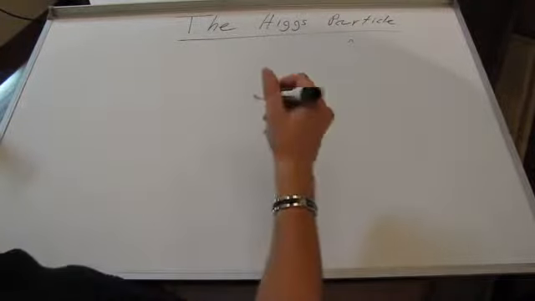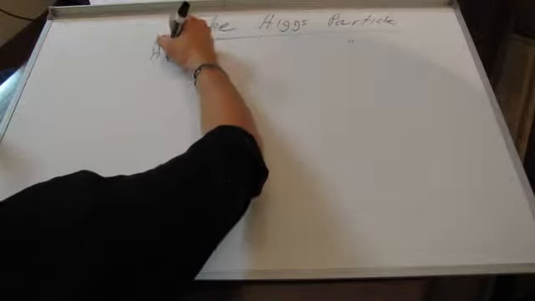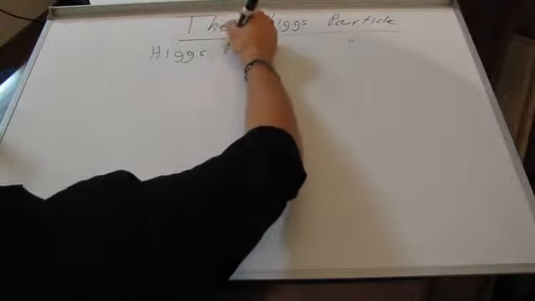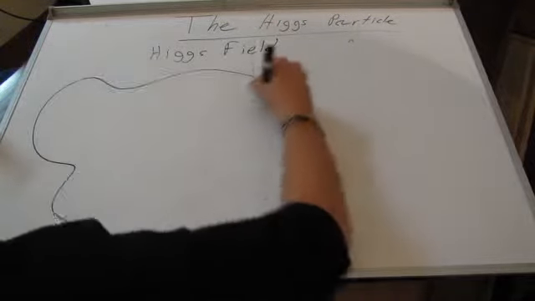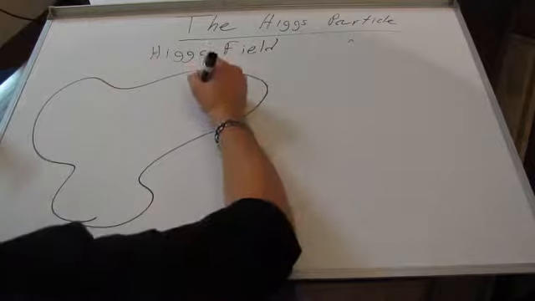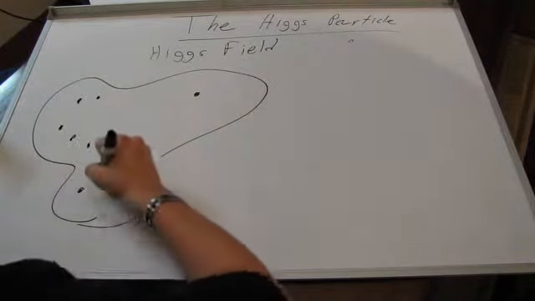Now, the Higgs particle, we can describe it: it has the Higgs field, which is just like a broad area. And then the Higgs particles are multiple, so they're everywhere.